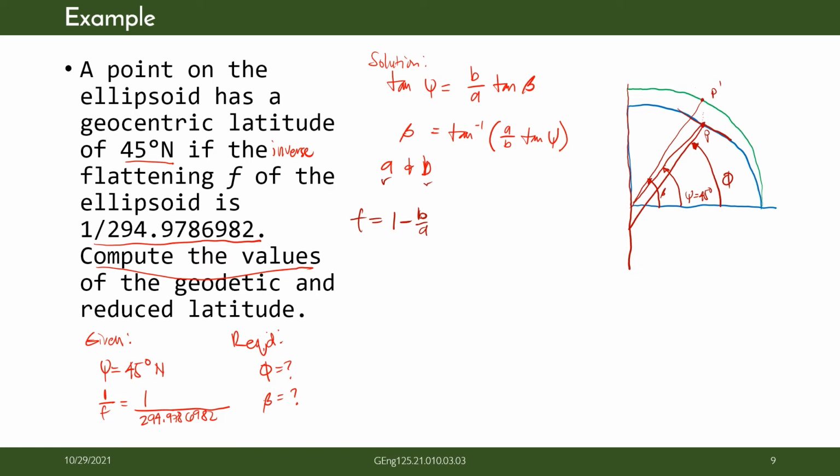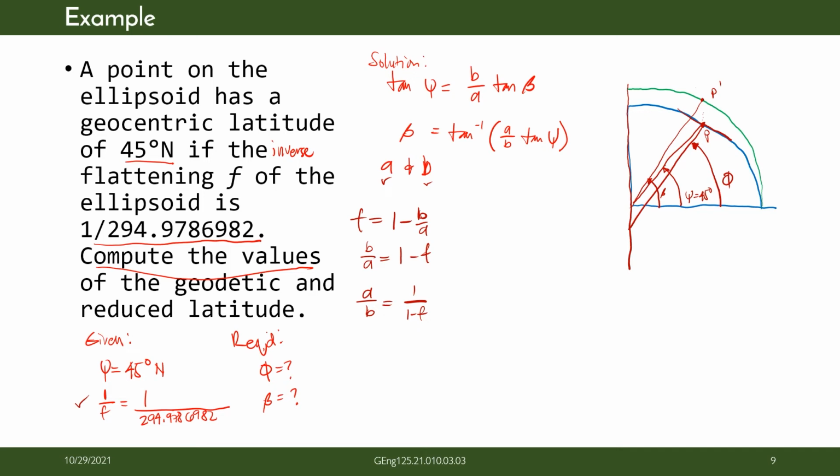So instead of using a and b, we can use the flattening. We just manipulate the formula, so that becomes b over a is equal to 1 minus f. And that would become a over b is equal to 1 over 1 minus f. Remember, we are already given this value.